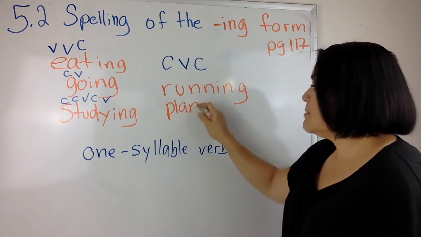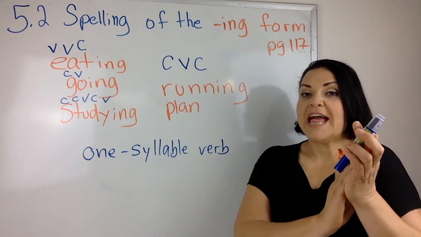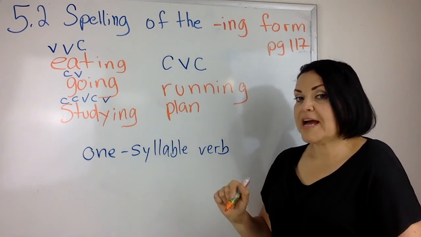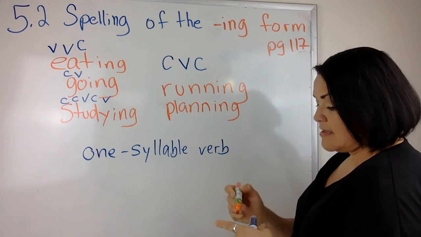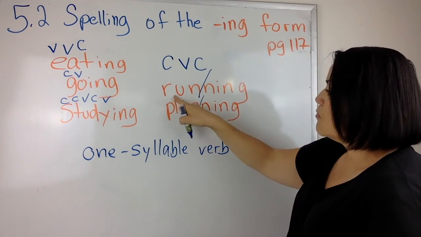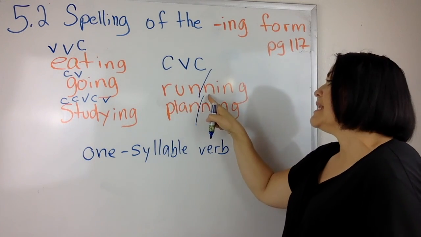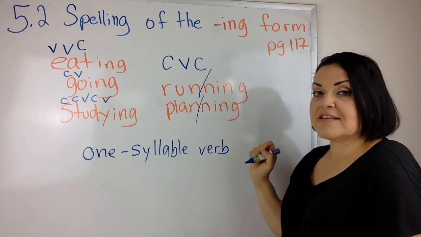One syllable, plan. That's the verb. I plan, so planning. So it would make the two sounds. Run-ning. Plan-ning.